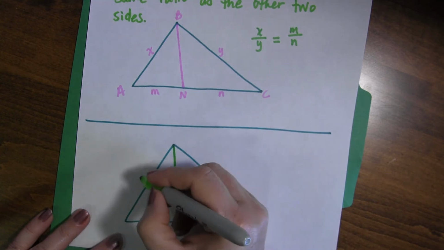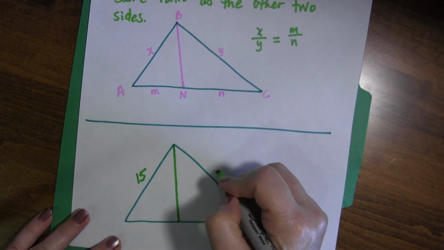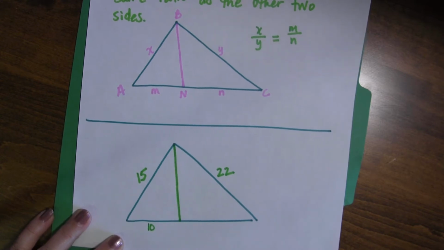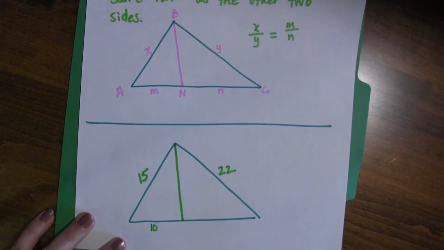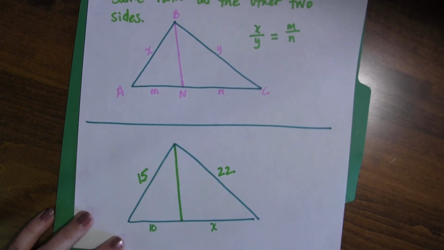And I'm going to tell you that this side is 15, and this side is 22. And then I'm going to tell you that this side is, oh, what should we say? We'll say 10, okay? All right, so let's calculate and see if we can determine what this side is.